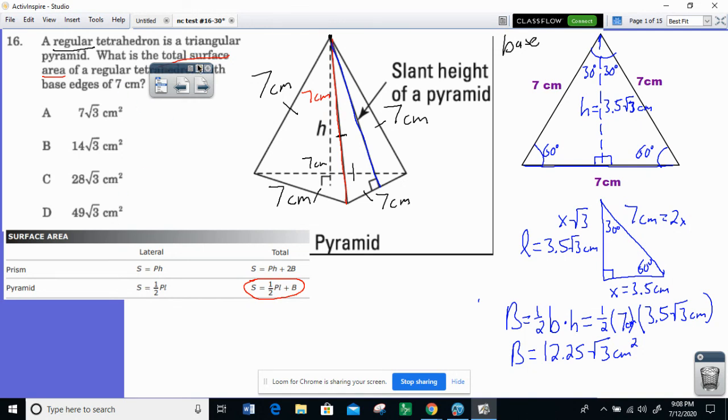Okay, so we're just about ready to solve this problem out. The total surface area, according to this formula, is 1/2 times the perimeter of the base.